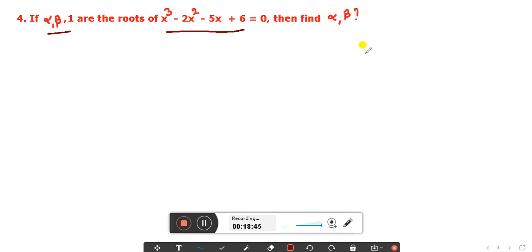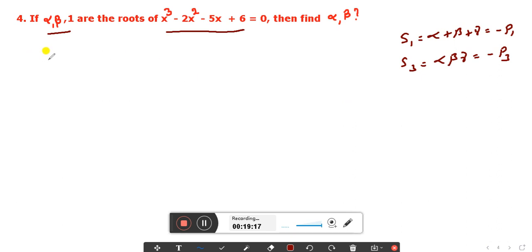In the previous questions we have only alpha, like a, but here we have to find 2, so we have to take 2 terms here. S1 equals to alpha plus beta plus gamma, that equals to minus P1, and S3, I am taking here alpha into beta into gamma equals to minus P3.